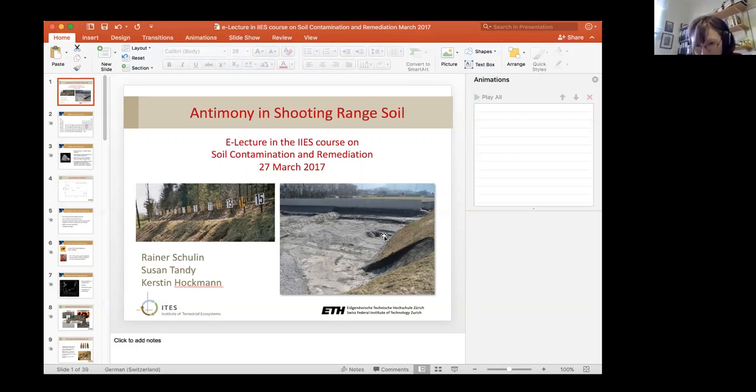Do I see another question? There's a question here from Ian Oliver. Will it be feasible to keep these sites waterlogged in a management attempt? You mean as a kind of remediation option to reduce the leaching of antimony?